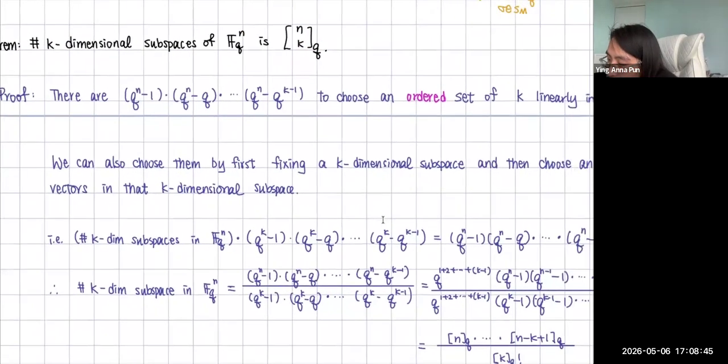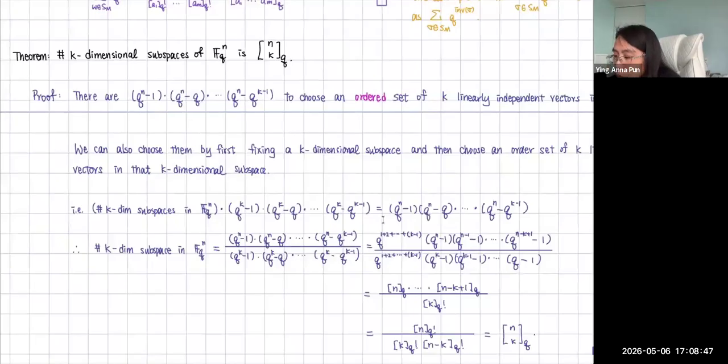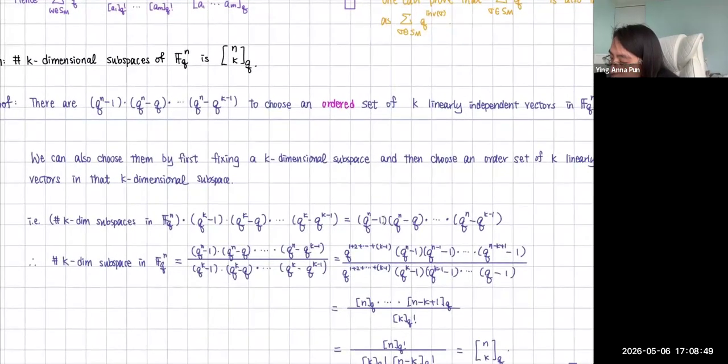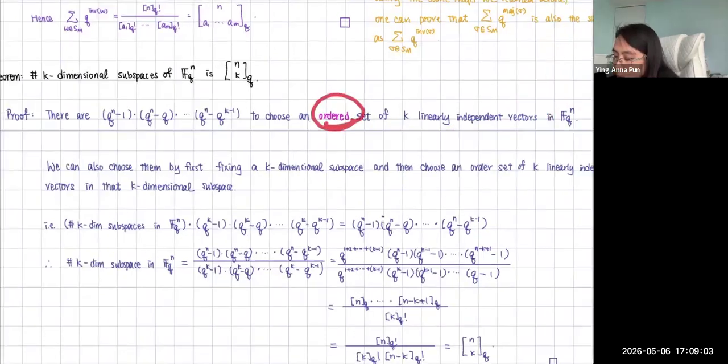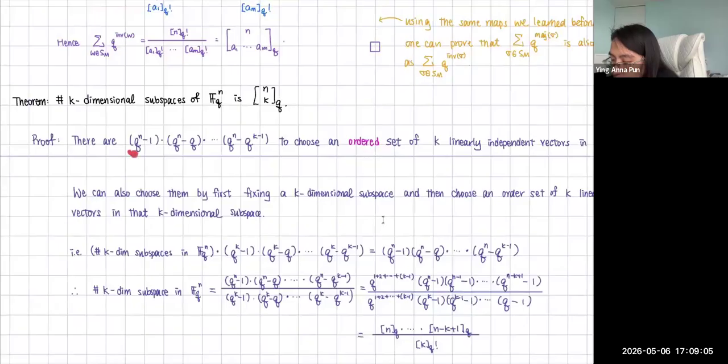And why is that? Well, there are two ways to count. You can first just count how to form a basis, right? To form a basis of k linearly independent vectors, you find k linearly independent vectors in F_q^n. And to form a basis, you have to be ordered. So first of all, you find any nonzero vector that you like, so you have q^n minus 1 choices.